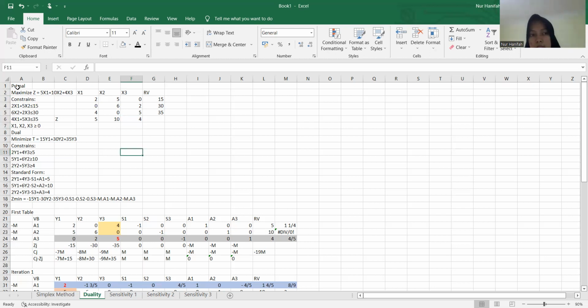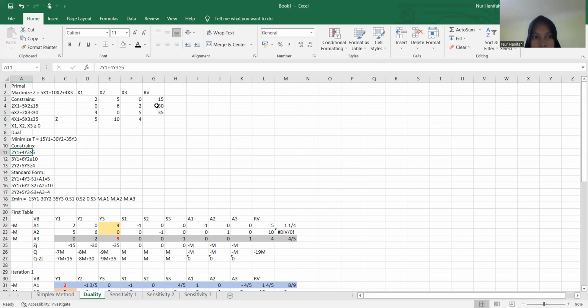So we change to the dual form. The objective function becomes the right values of the primal form: 15y1 plus 30y2 plus 35y3. So this is the objective function in the dual form, which is minimized, and the constraints: 2y1 plus 4y3 is greater than or equal to 5.